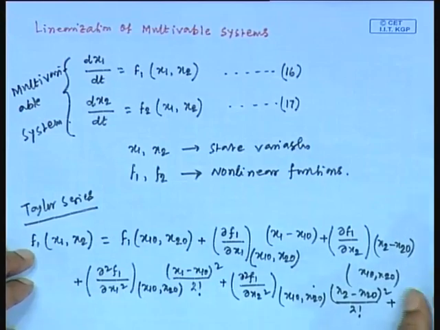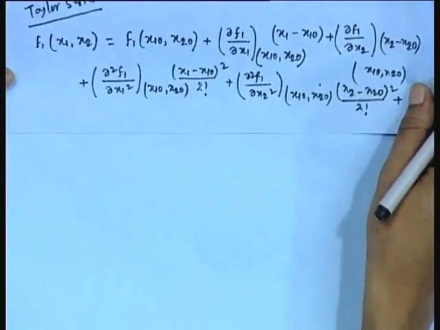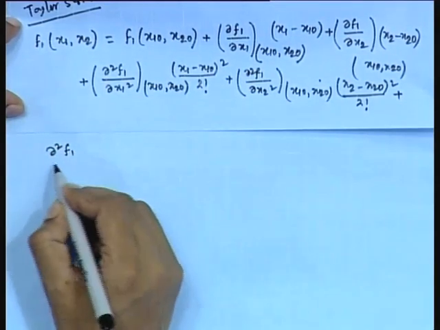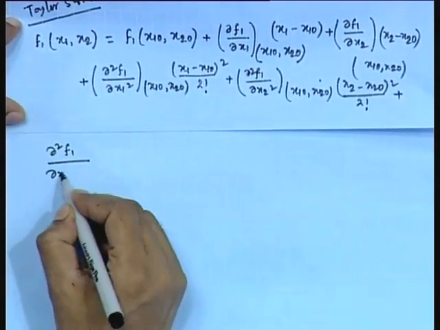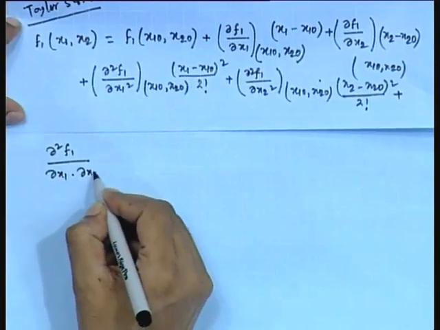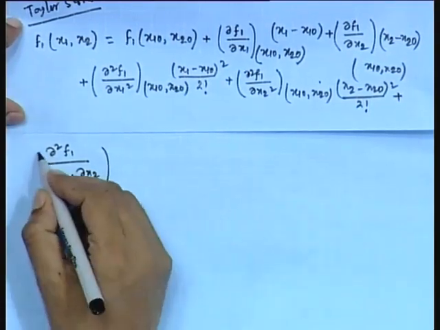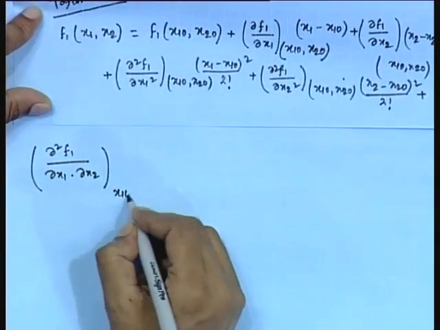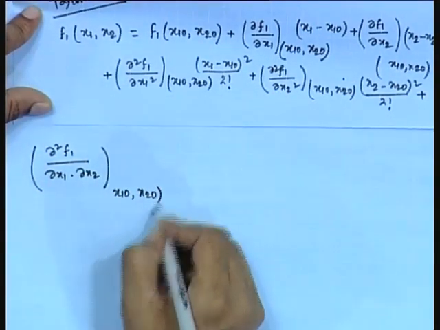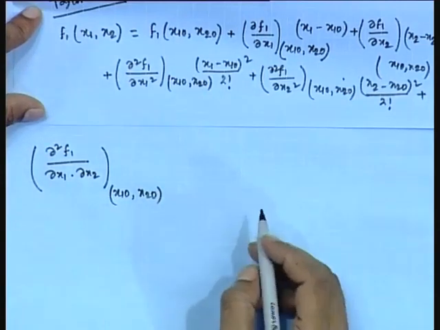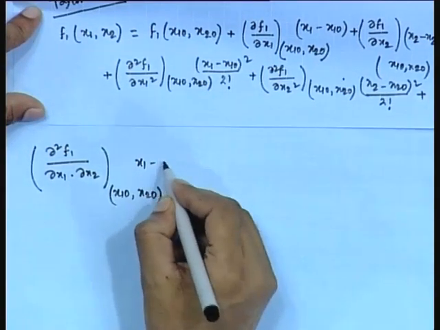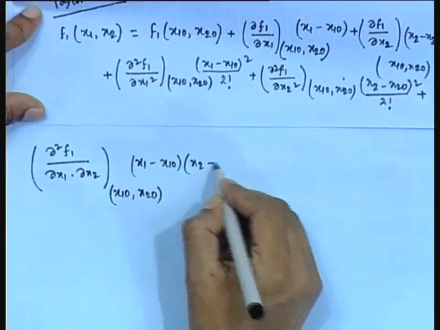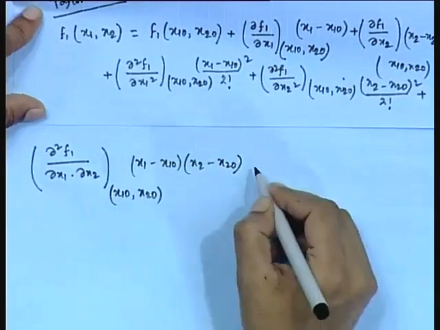What will be the next term? Del 2 f1 by del x1 del x2 at the point x1 naught, x2 naught, multiplied by x1 minus x1 naught and x2 minus x2 naught.